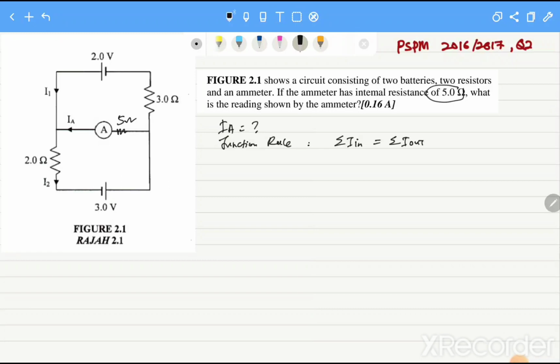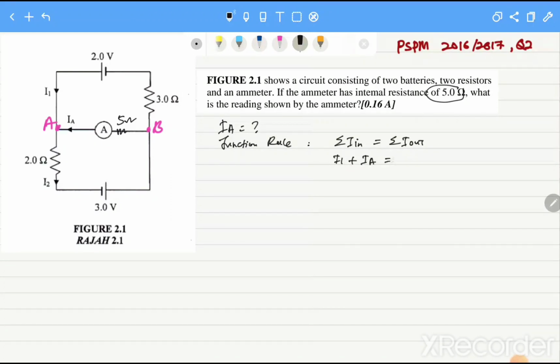So here we need to label the junctions. We have 2 junctions, junction A and junction B. I'm going to choose junction A. At junction A, notice that currents I1 and IA go into the junction. So the sum of I in is I1 plus IA.